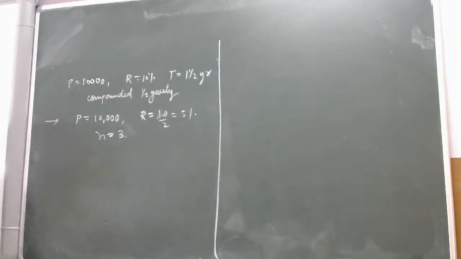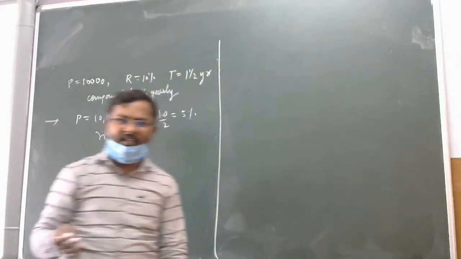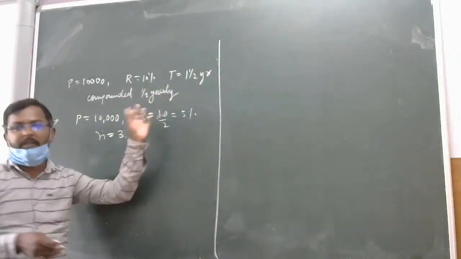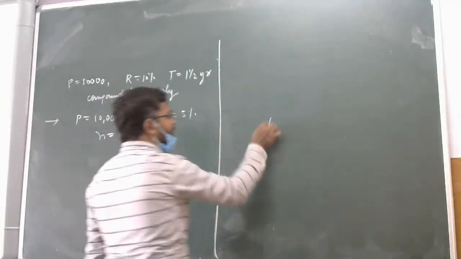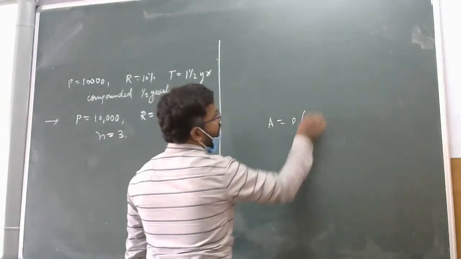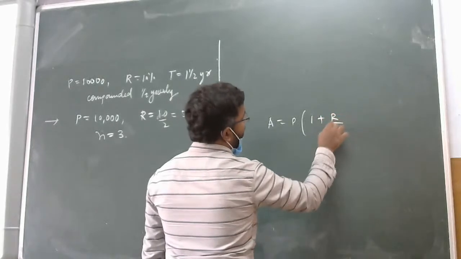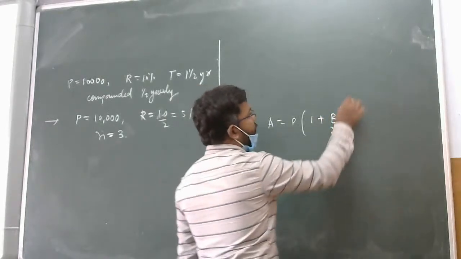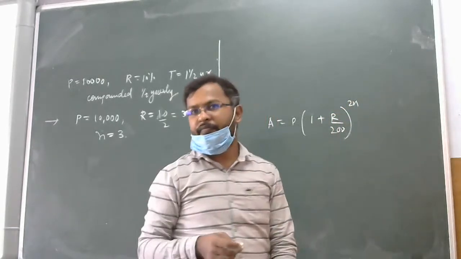Or else we have the direct formula. I think everybody has learned the direct formula. The formula is amount is equal to P into 1 plus R by 200 whole to the power of 2n.